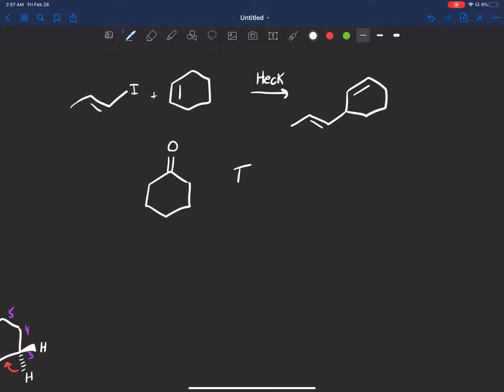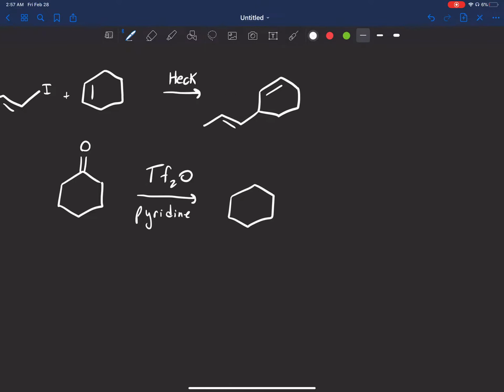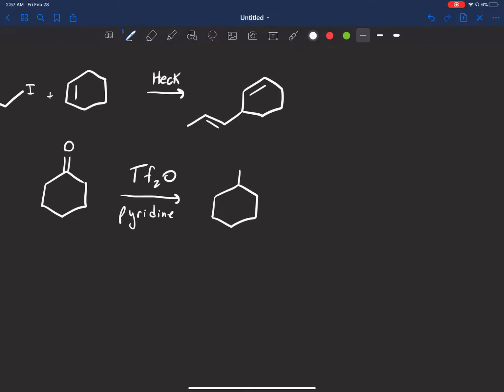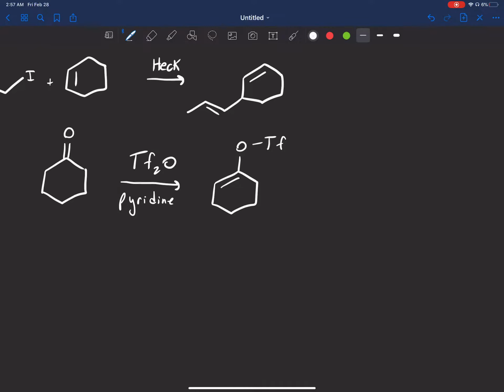What we're going to do is write Tf2O over pyridine, and it's going to form this weird looking compound. You're going to get OTf, and you're going to have that double bond locked in this position.